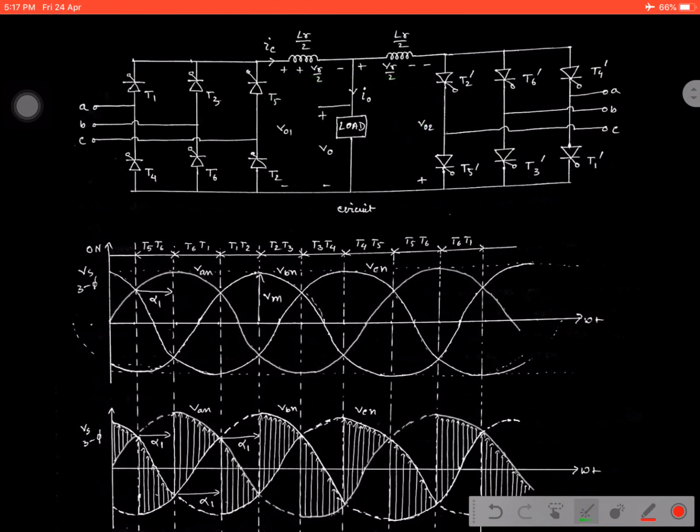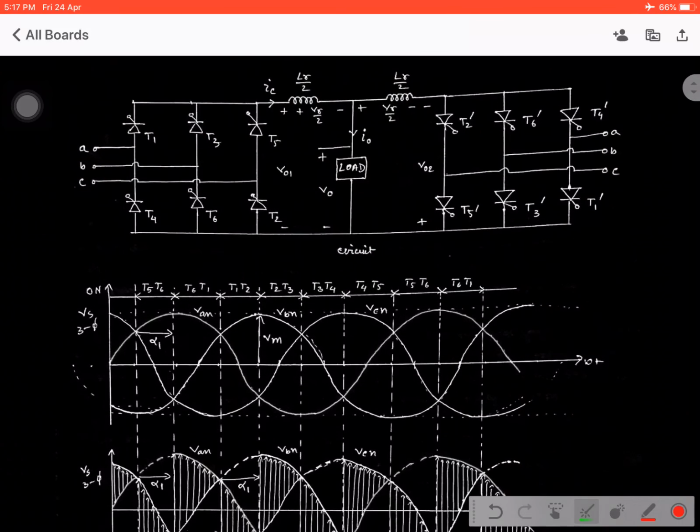So we can consider two modes of operation here: the non-circulating mode, in which one converter works, or the circulating mode, in which both converters work with the exact firing angle, and no voltage appears across the load. Okay, now see what the use is for industry purposes.